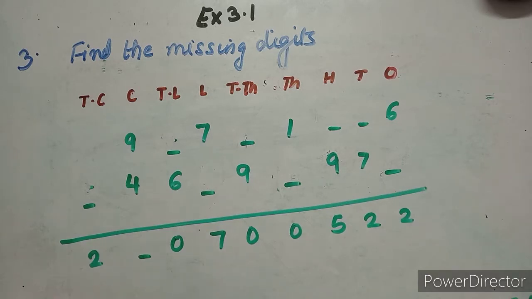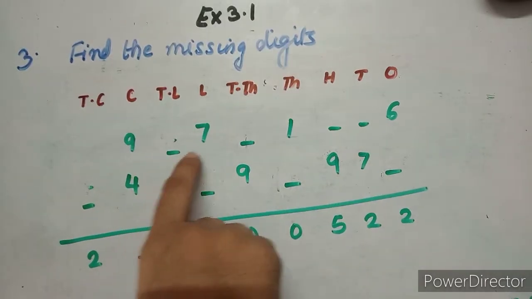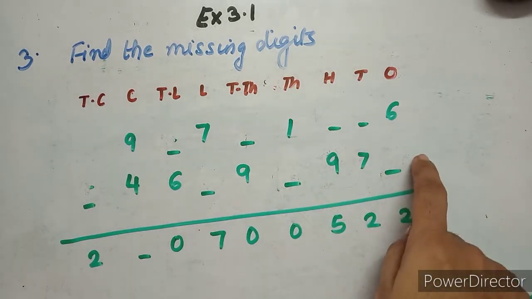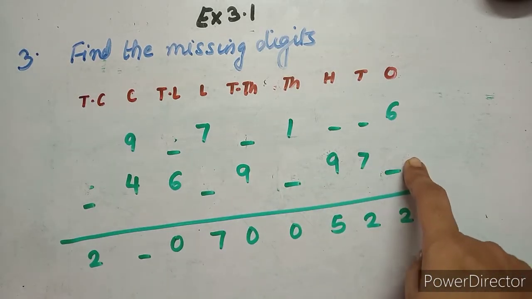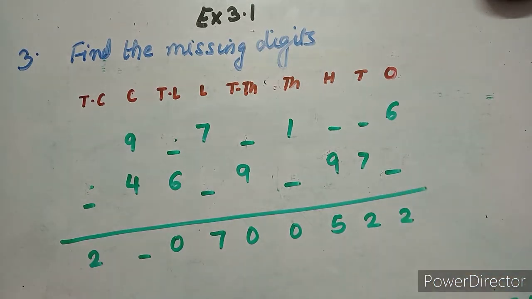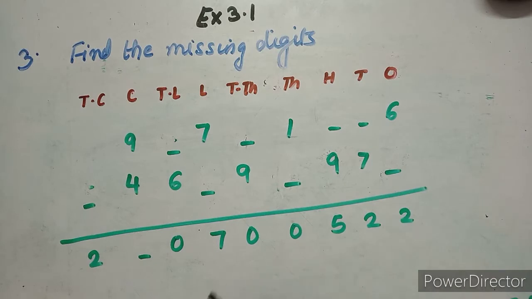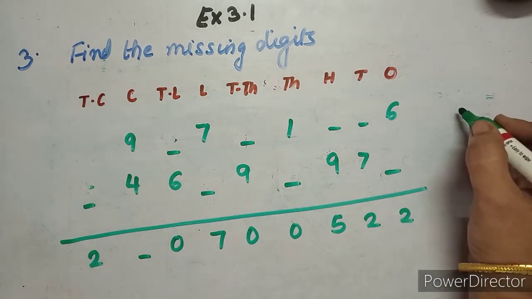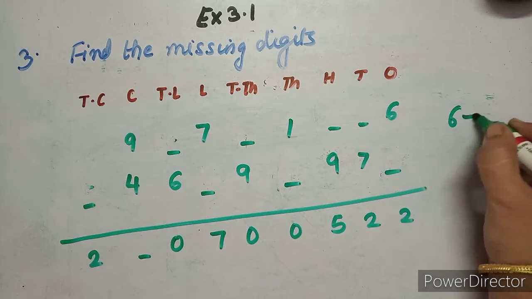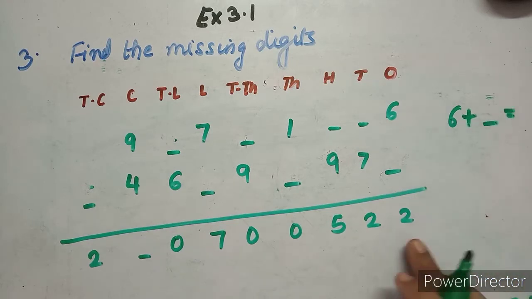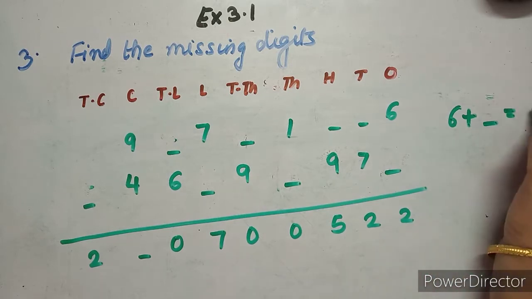So students, this is our third question where you need to find out the missing digits. Can you see I have kept the blanks? You have to find out the digits which should come in these blanks. We will start with our ones place. Here you have 6, then you have to add a blank, and then here you have 2.